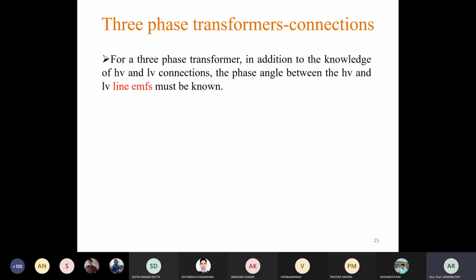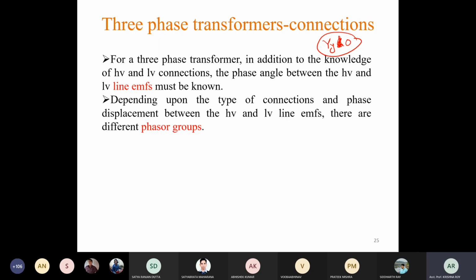Now for a three-phase transformer, in addition to the knowledge of high voltage and low voltage connections, the phase angle between the high voltage and low voltage line EMFs must be known. So along with the connections, we also need the angle between the line EMFs of the two windings, high voltage winding and low voltage winding.